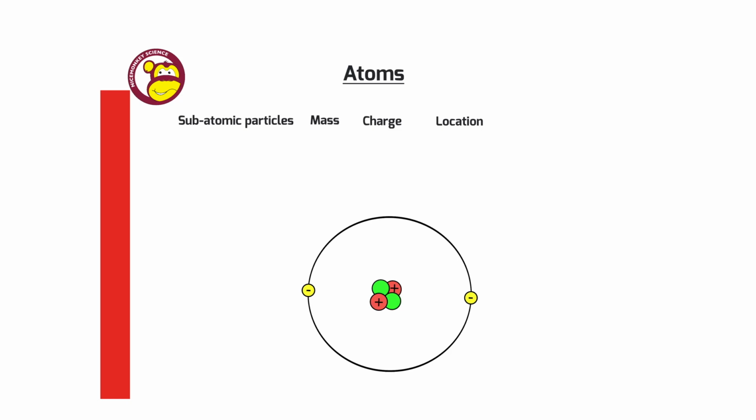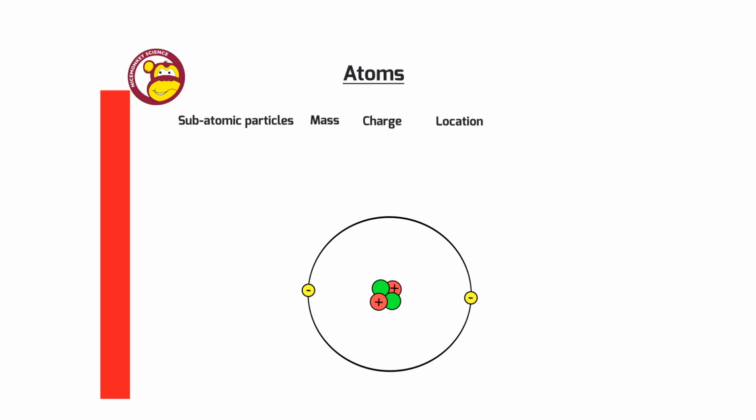The term subatomic particles just means within an atom, or the particles found within the atom. They each have their own mass. The particles vary with mass, charge, and the location within the atoms that they're found.